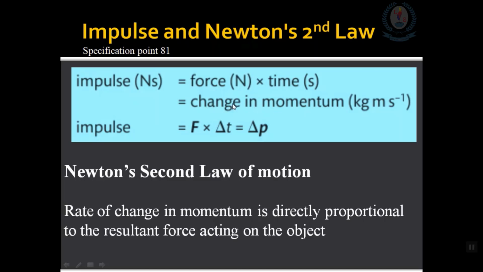So change in momentum will be equal to force multiplied by time taken, which is indirectly the impulse. So we can tell impulse in 2 ways. That is, it can be either the force multiplied by time, or the change in momentum. This relationship comes with Newton's second law.